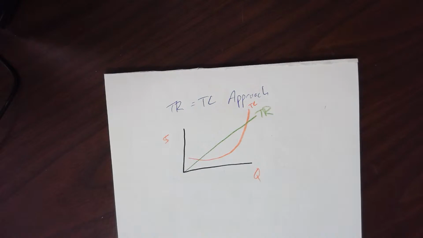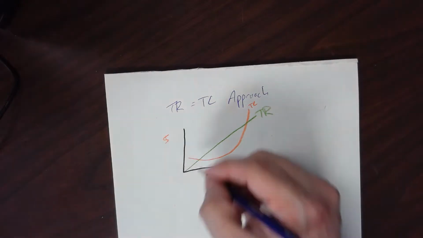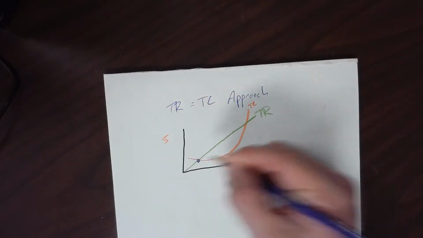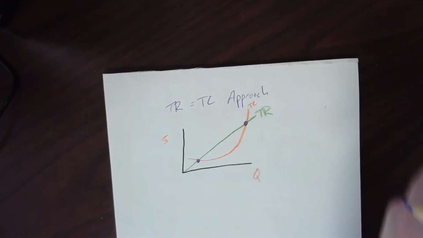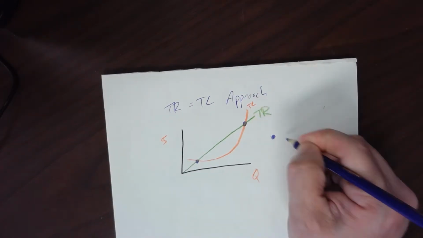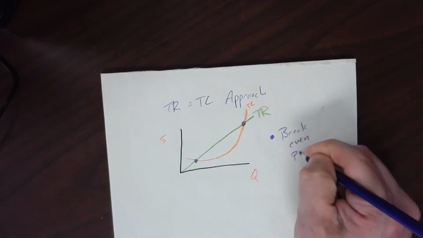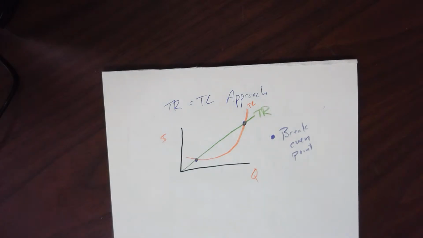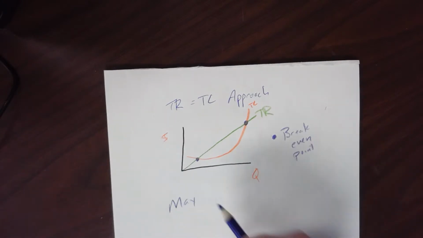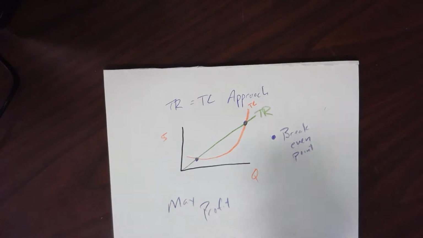Now, there's 2 points that are important on this. You have the 2 points where they intersect with each other. These points are known as the break-even point, meaning they make as much as it costs them, right? But that's not the goal of a business. The goal of a business is to maximize profit.